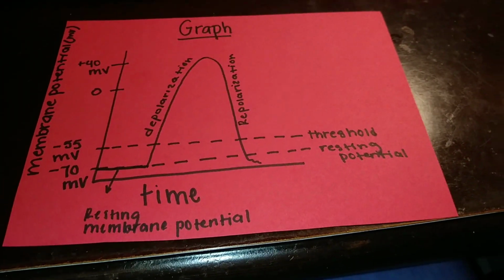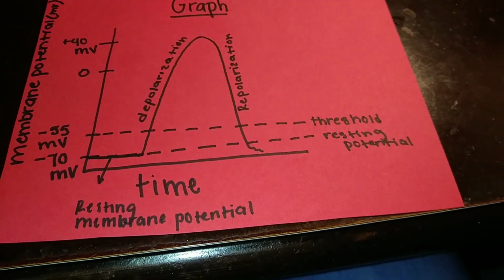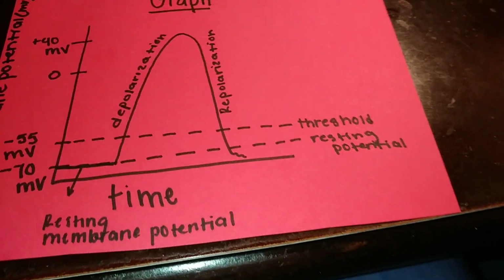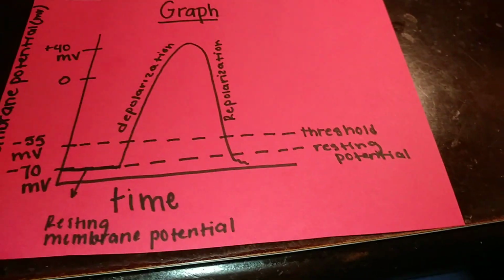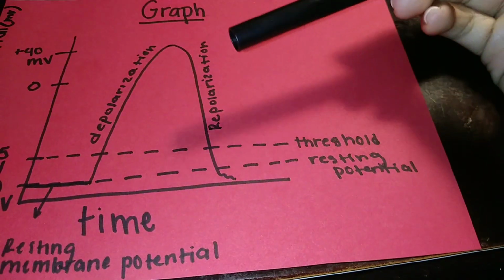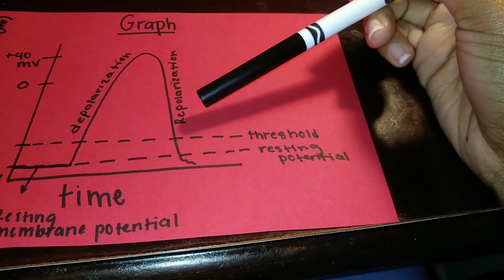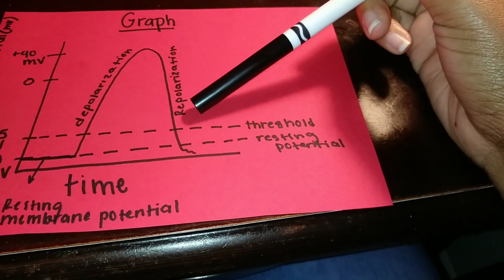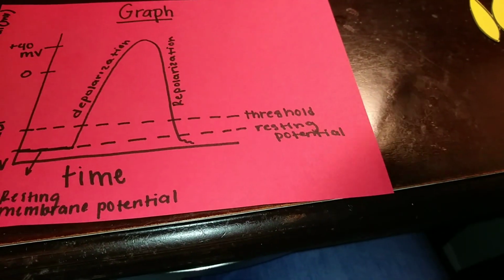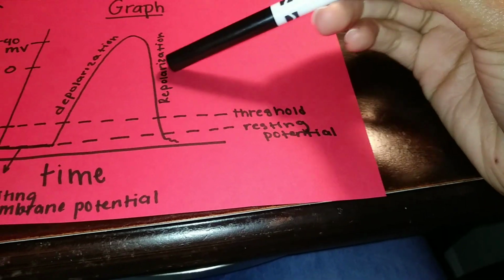Okay, I just realized while I was graphing this that I said refractory instead of repolarization. Every time I said refractory, I meant repolarization. So now we're going to talk about the repolarization on this graph.